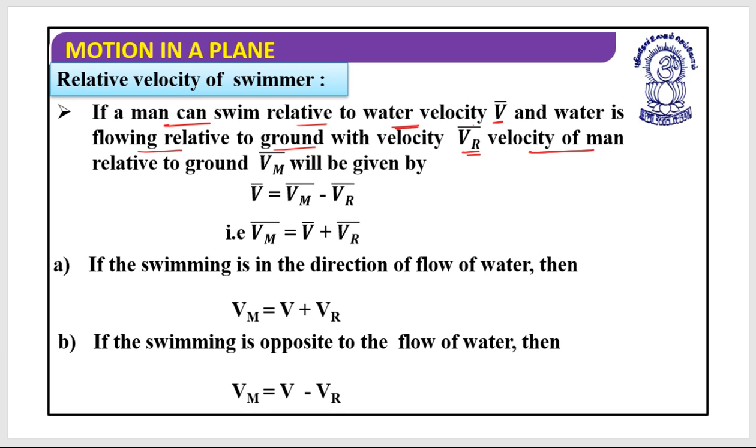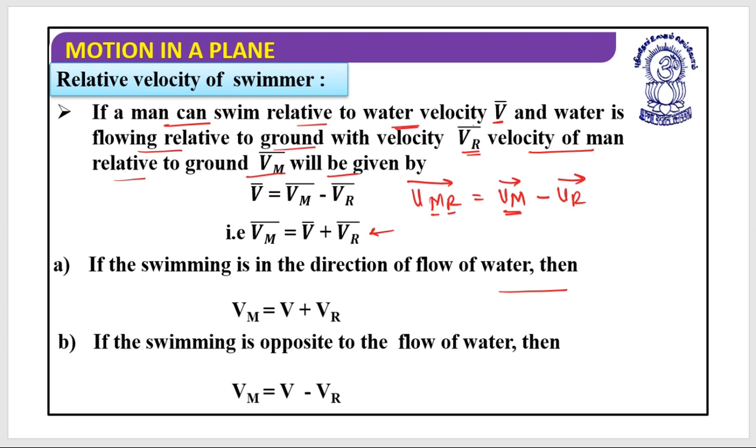Then the velocity of man relative to ground is Vm. Basically this is VMR, velocity of man with respect to river, which is Vm minus Vr. So if I calculate Vm, it would be Vm equals VMR plus Vr.